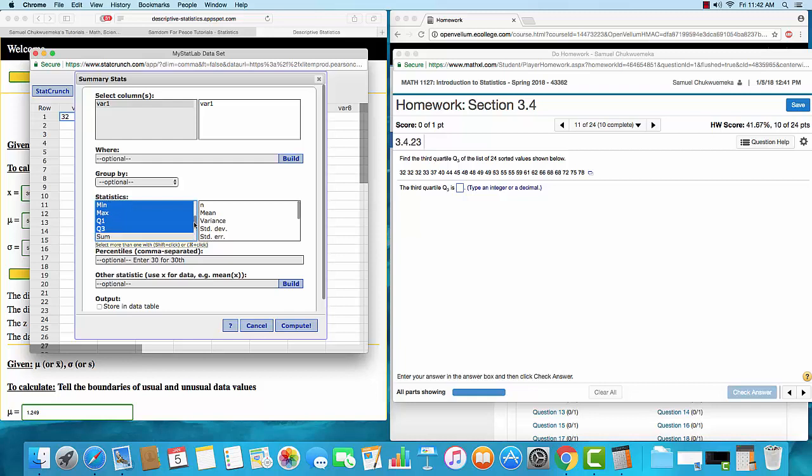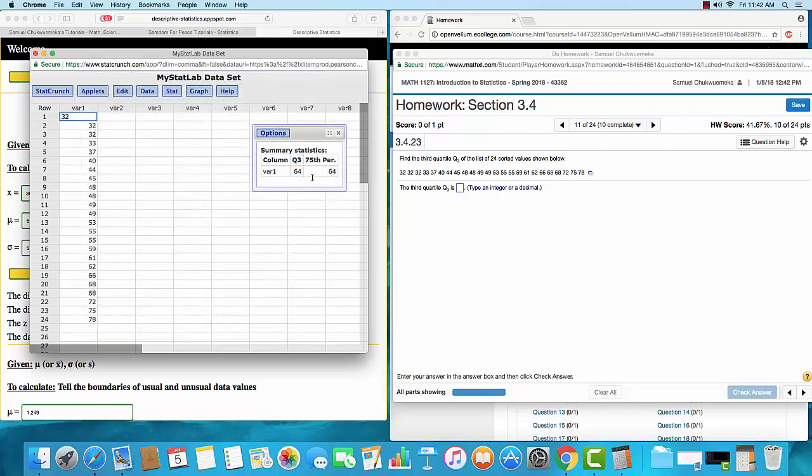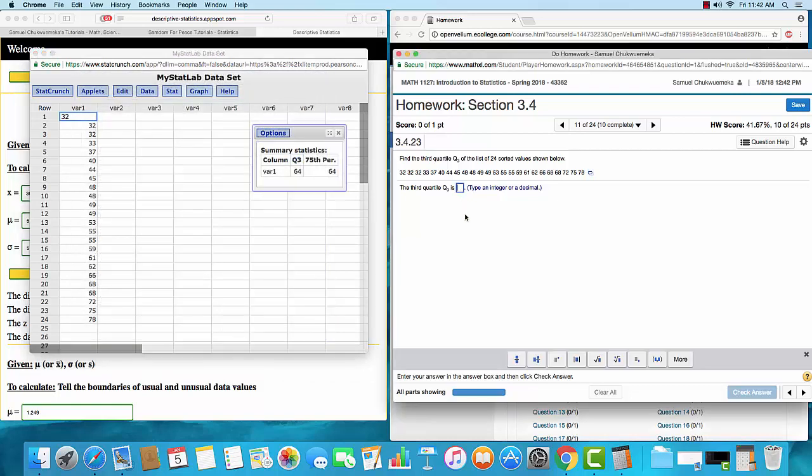So we scroll down until we see Q3, the third quartile. And if you want to play with this, you can just put 75 here. You don't need to, but it's just to let you know that the third quartile is the 75th percentile. It's the same thing. So that gives us 64.